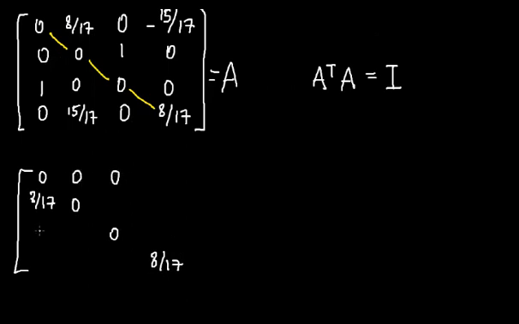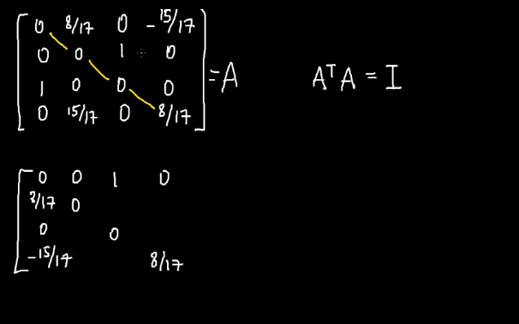Sorry, that 0 becomes 0 here, and the one that was here becomes 1 there. Then the last entry here, we had a 0 in this corner, so in that corner in the transpose we'll have a 0, and here we'll have minus 15/17.